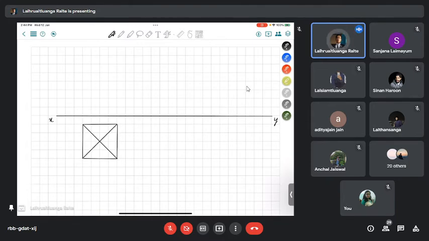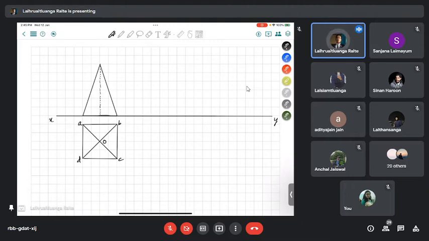If I annotate the base as A, B, C, D, this would be O. For the front view, as the axis is 60 mm, I will have the axis line going up.